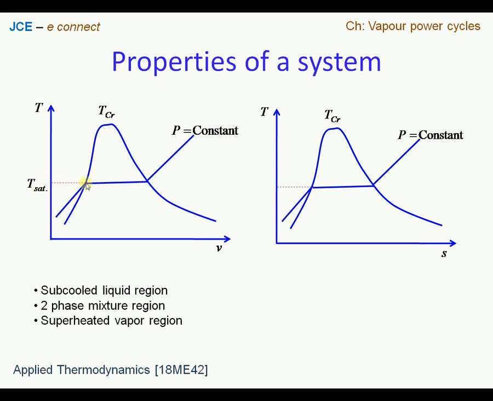Similarly, when we drop a line at the saturation point towards the x-axis, please recall that this is the saturated liquid curve, one half of this dome, and the corresponding point is called Vf, saturated liquid specific volume. Similarly, the next half of the dome is called the saturated vapor curve, or the dry saturated curve.